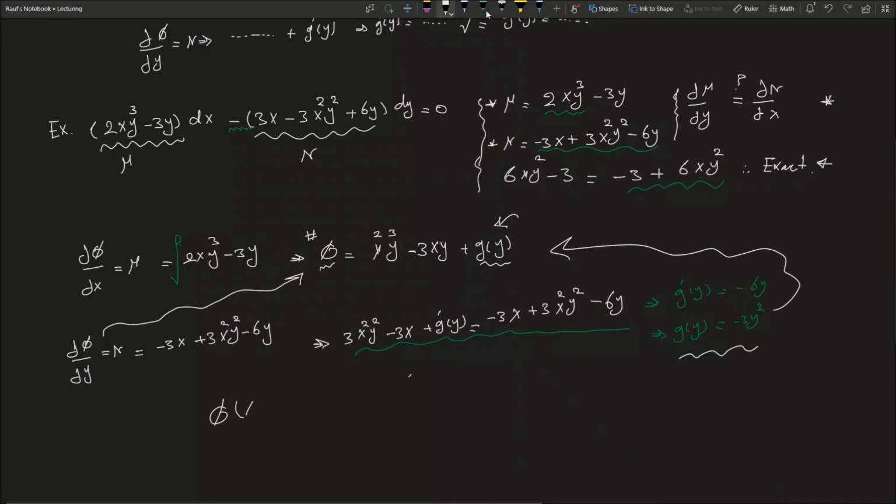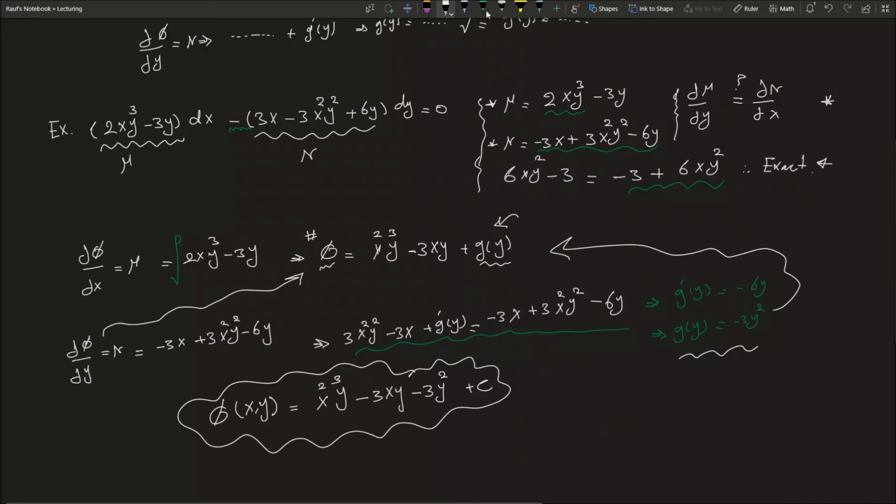So in this case, phi of x and y equals x squared y cubed minus 3xy minus 3y squared plus c. And this is the general solution for our exact problem.